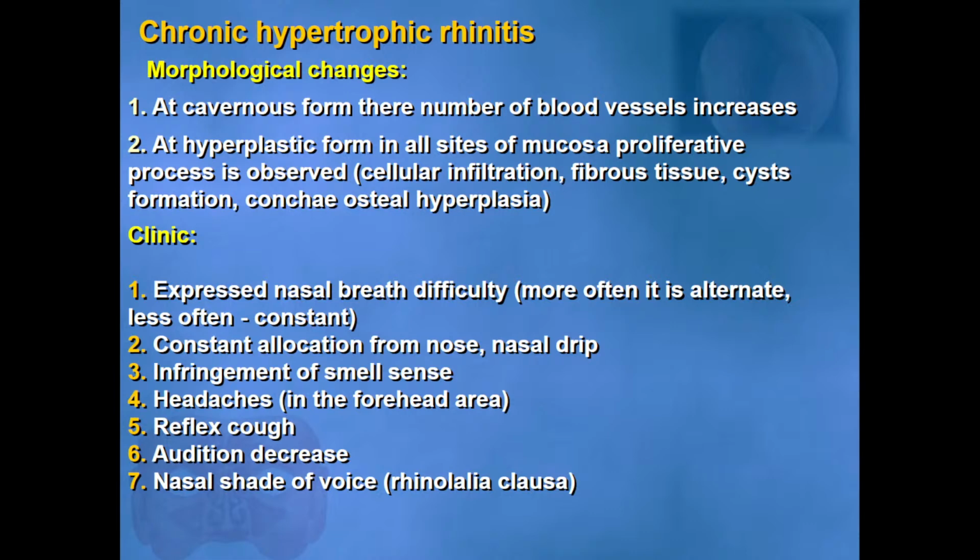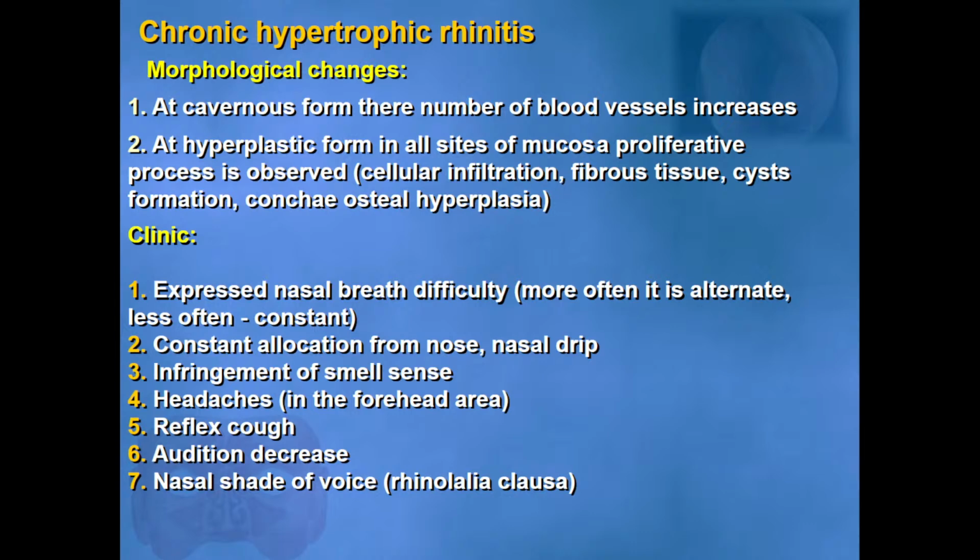In the hyperplastic form, proliferative processes are observed on all sides of the mucosa. So it's cellular infiltration. The volume of fibrous tissue increased, cyst formation may be found, and also the bony part of the conchas is increased.